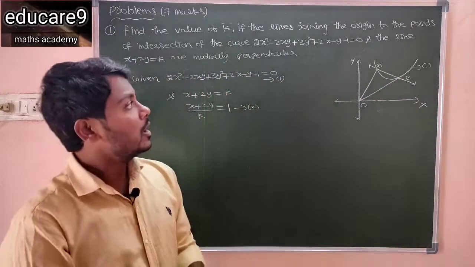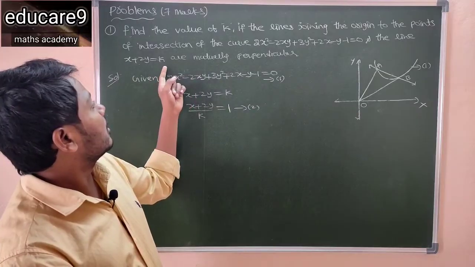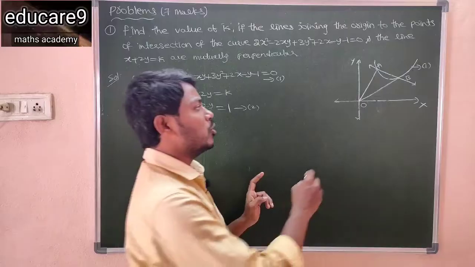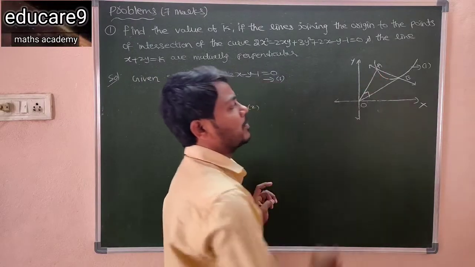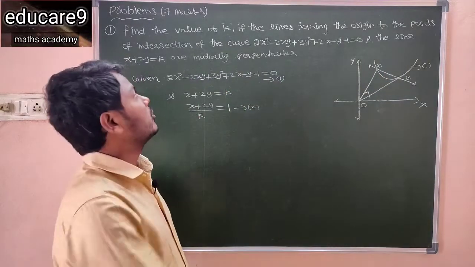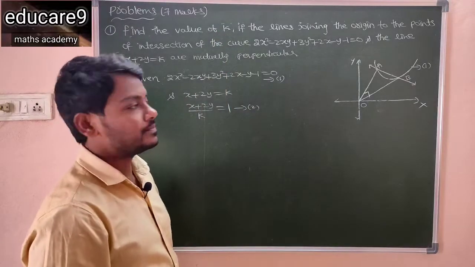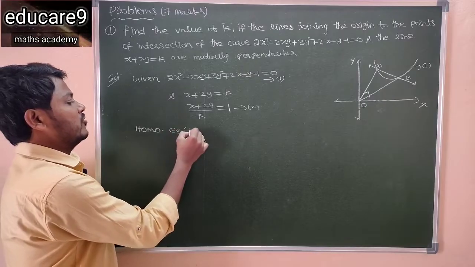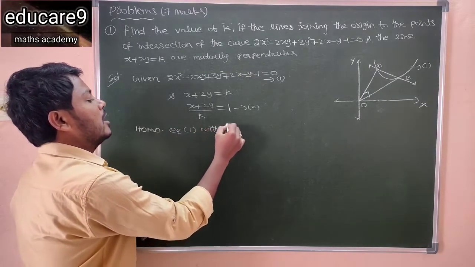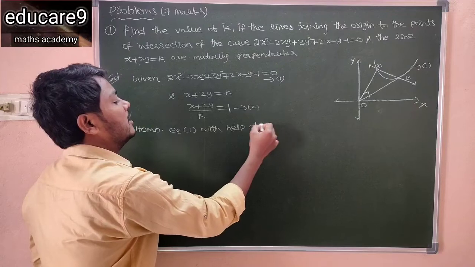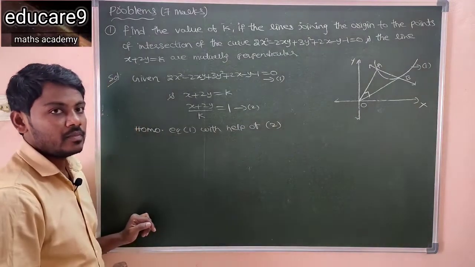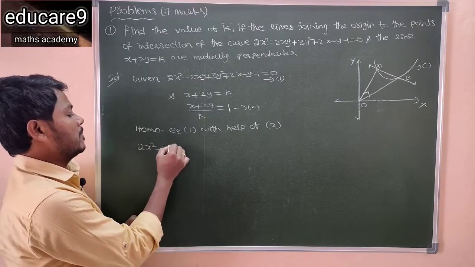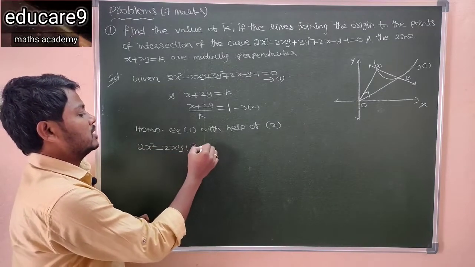Now see here, the lines are perpendicular, meaning OA and OB, these two lines are perpendicular. Then you need to find the value of k. So now homogenizing equation 1 with the help of equation 2. Equation 1 gives 2x square minus 2xy plus 3y square.